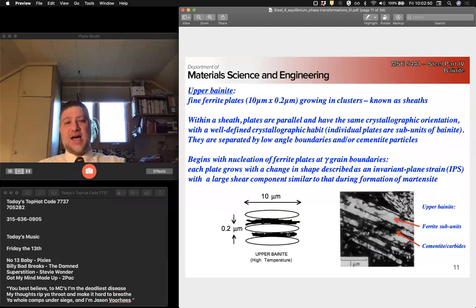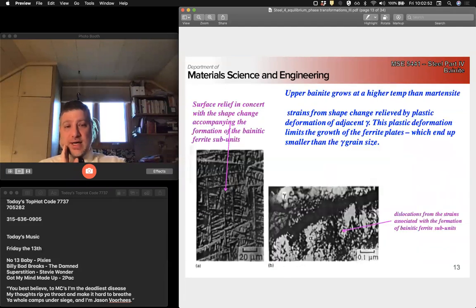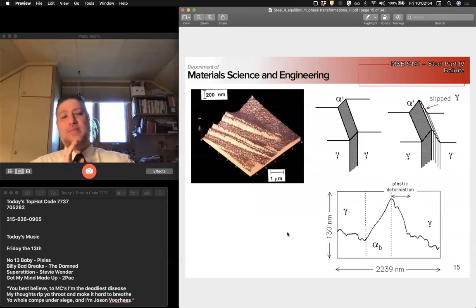We're going to come back to this after we talk about martensite, but with bainite, you see, this is atomic force microscopy that gives us very good surface profiles, right? And you can see we get steps at the interface when bainite forms.